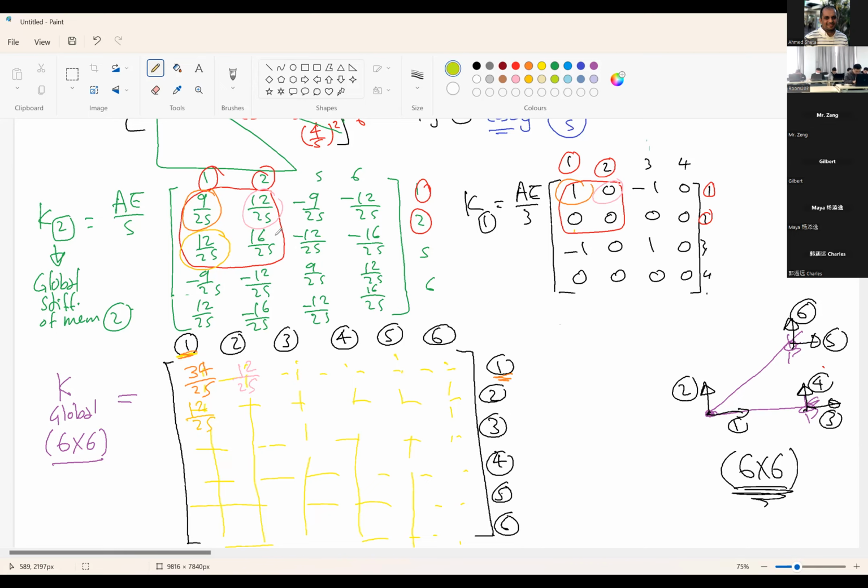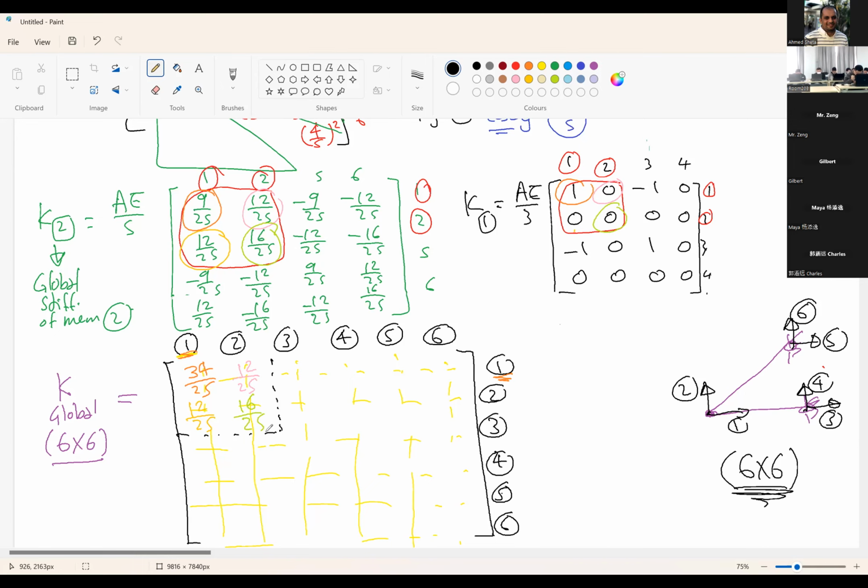Here is 2, 2, and 2, 2 here, so we have 16 over 25. So this part is the most important part of the stiffness matrix, because this part has common elements in the global matrix for member 2 and the global matrix of member 1.